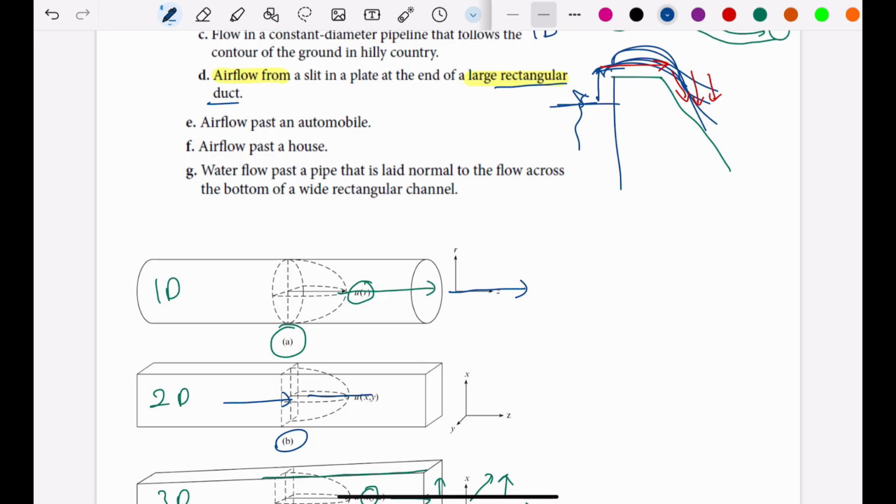For example, let's say at the end of the large rectangular duct, this spreads out. But it is not changing along this duct because the diameter is constant.